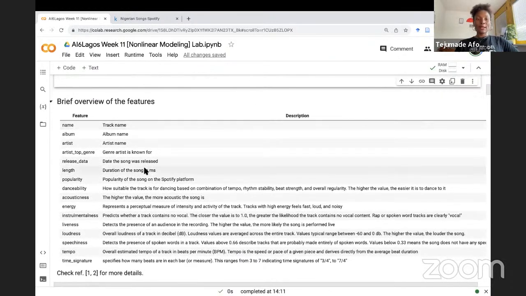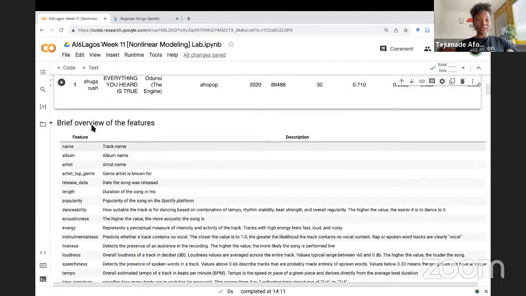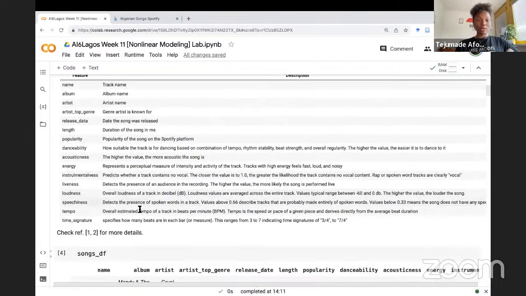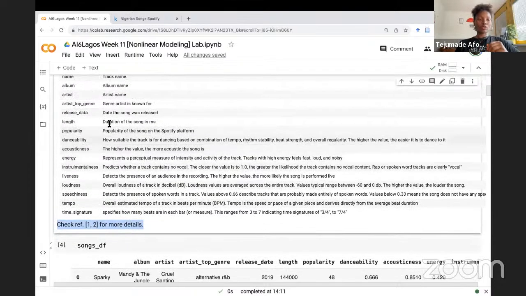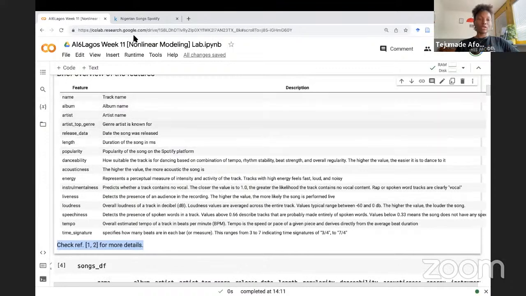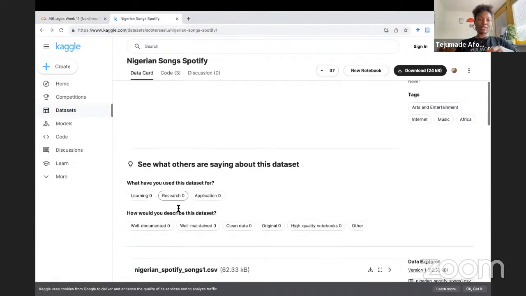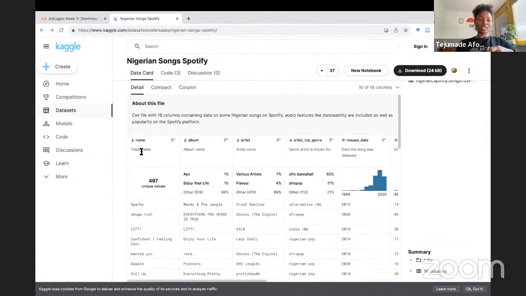All right, great. For your convenience, I also provided what each of the features means, but you can just go to the Spotify link. I put some references down below to read more about it. One of the references also has a short explanation of what each feature means.